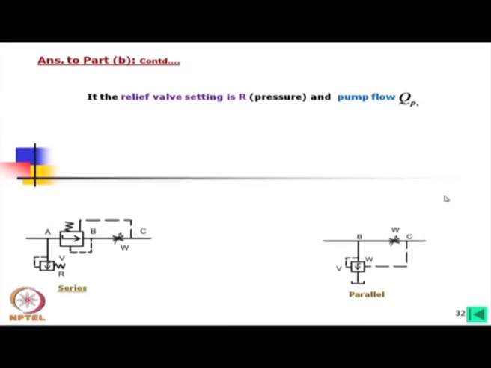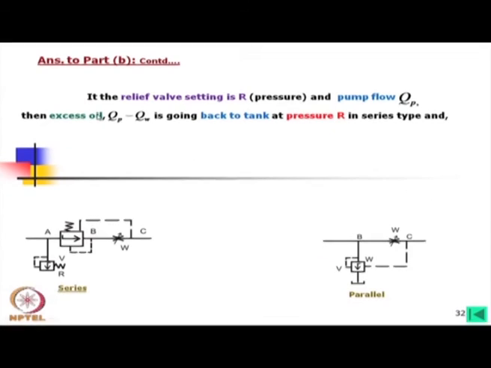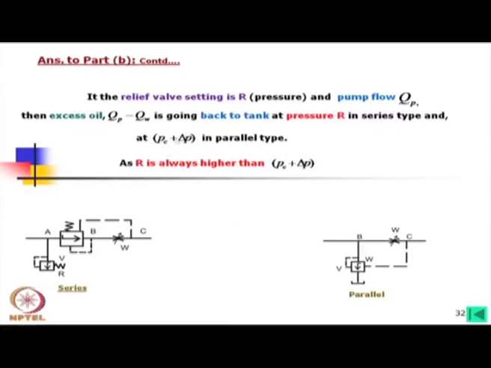If the relief valve setting is R and pump flow is Qp, then Qp minus Qw is going back to the tank at pressure R in the series type, whereas in the parallel type it is going back to tank with only this pressure drop, and this R is always greater than this. This means that in case of series connections, this bypass flow will always be at a higher setting pressure than this.